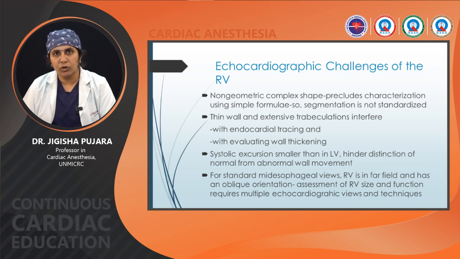Systolic excursions smaller than in the LV hinder the distinction of normal from abnormal wall movement. For standard esophageal views, the RV is in the far field and has an oblique orientation. So assessment of the RV size and function requires multiple echocardiographic views and techniques.